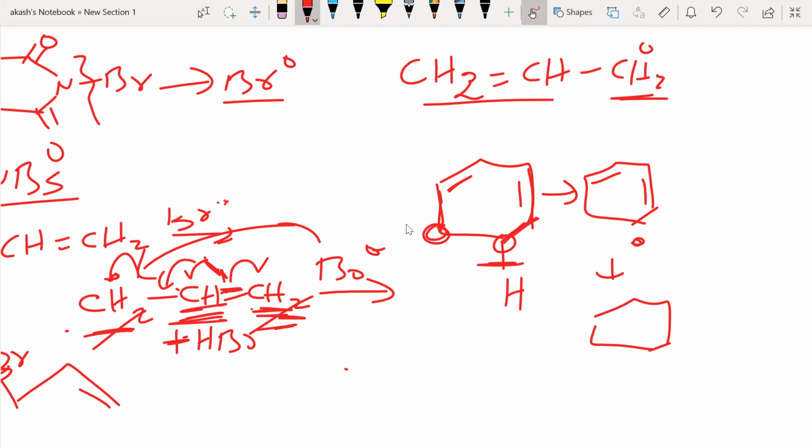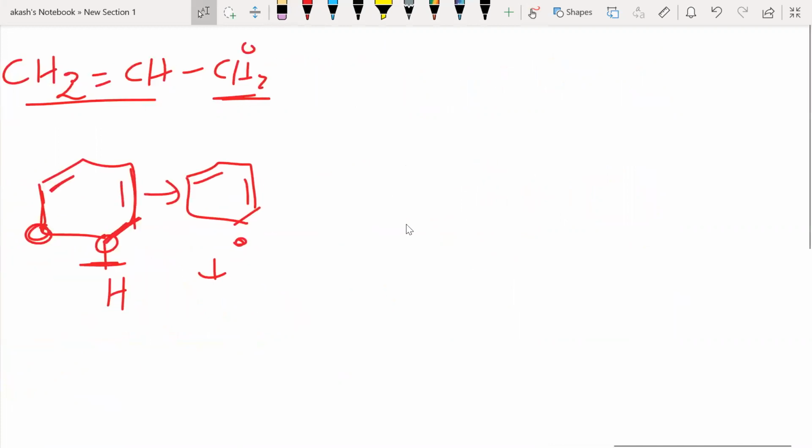Now see, if I make the bond here, I can have a radical formed here. So this can undergo rearrangement. This is called free radical rearrangement, guys.